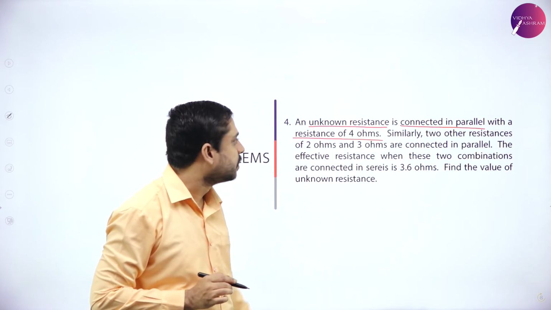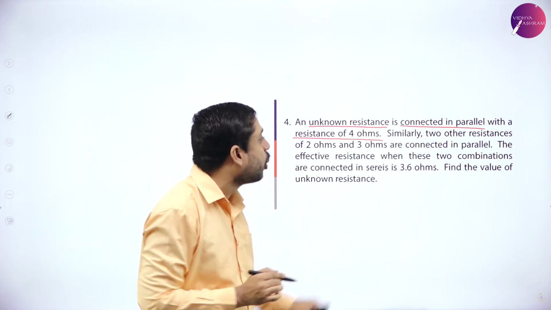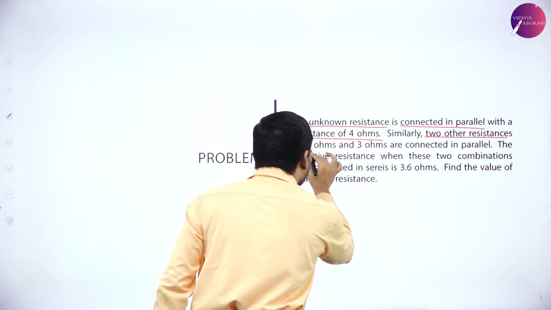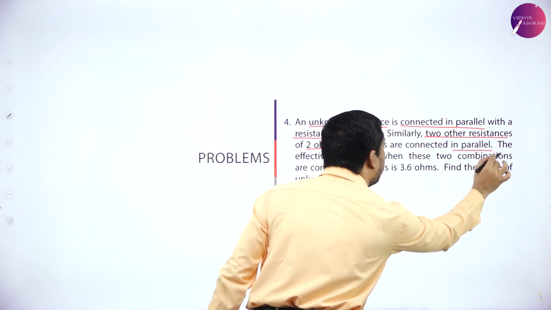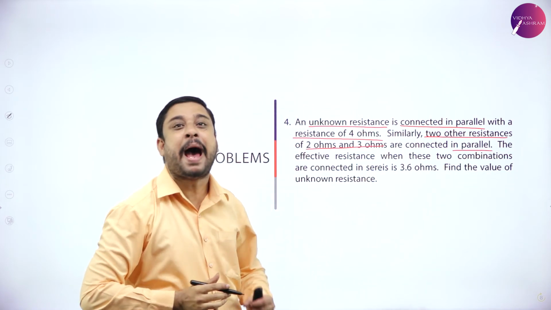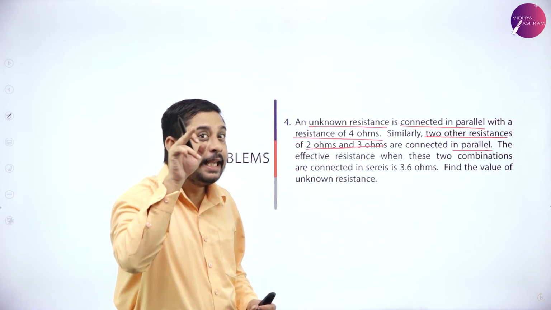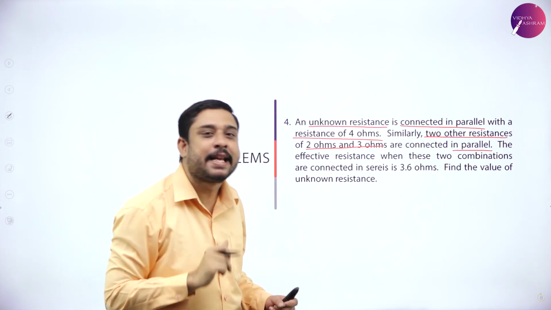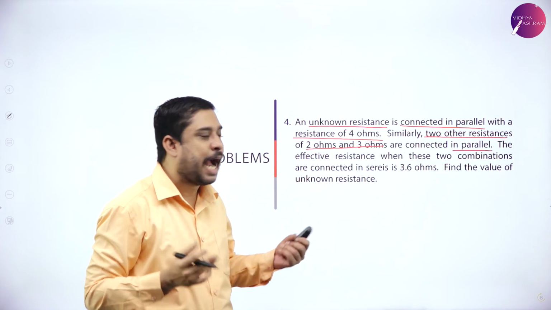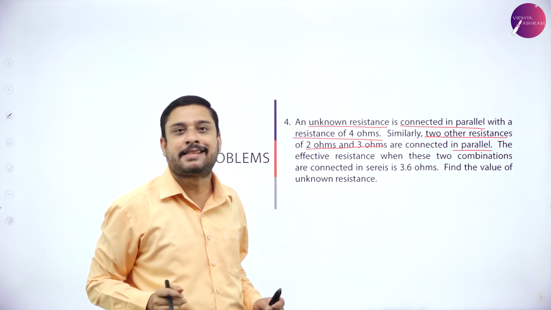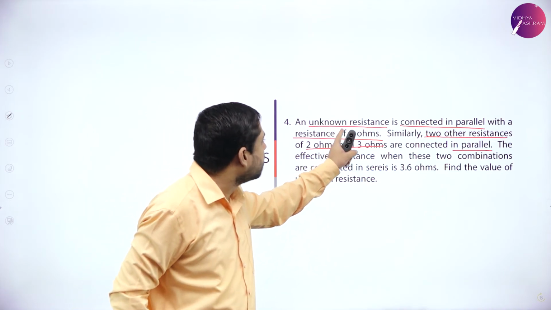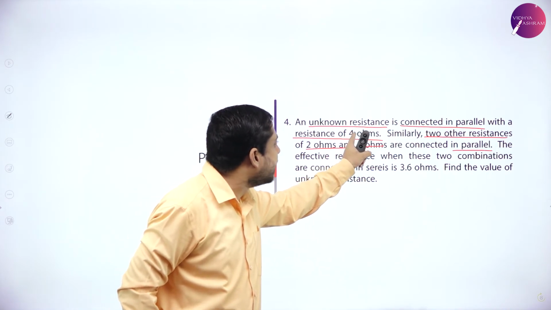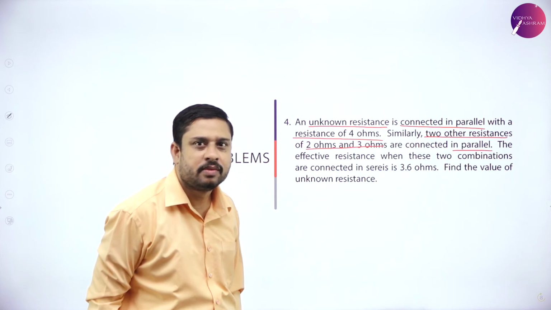Similarly, there are 2 more resistances, 2 ohms and 3 ohms, connected in parallel. Initially, there was an unknown resistance. I didn't know the value of the resistance. It was connected in parallel with the resistance of 4 ohms.